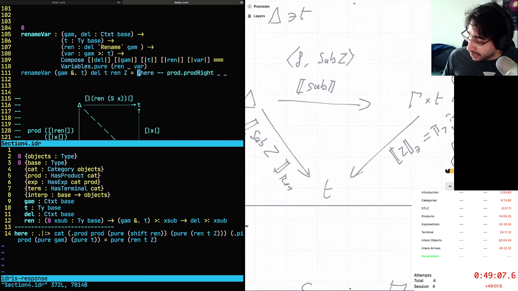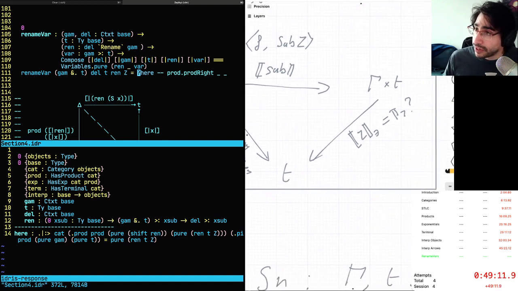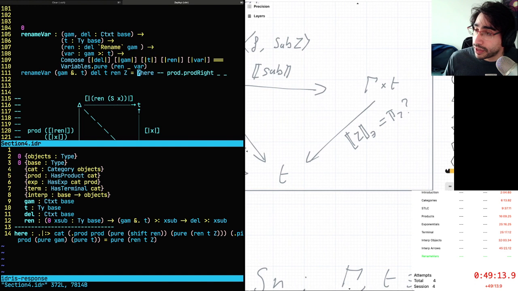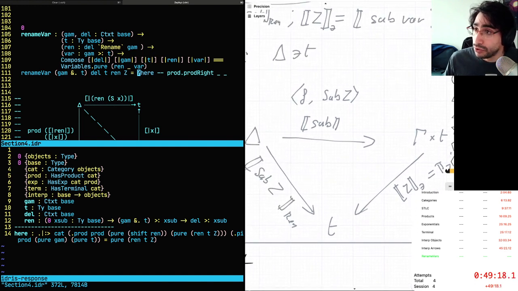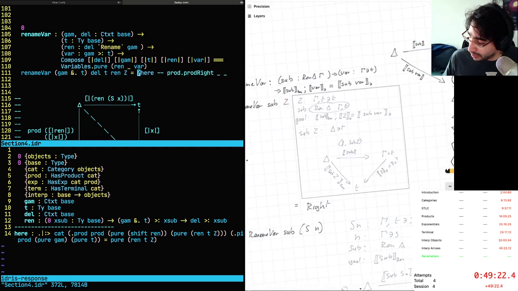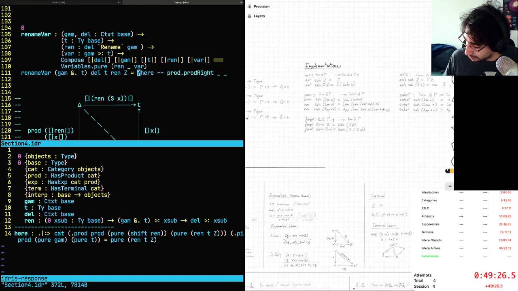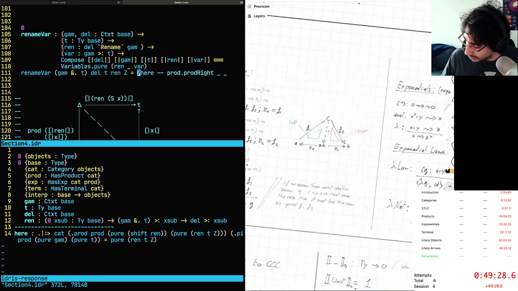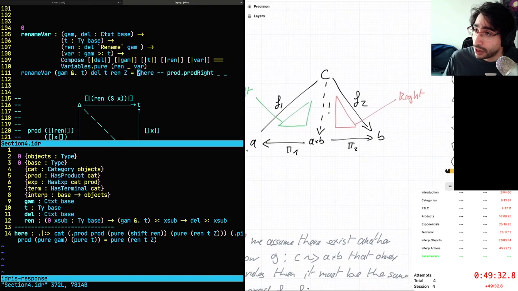So if we pay careful attention to this diagram again, you'll notice on the top right here we have an arrow that is pi 2, and here we have a product of two morphisms. So this looks suspiciously like something we can use here, right? The right property of the product.